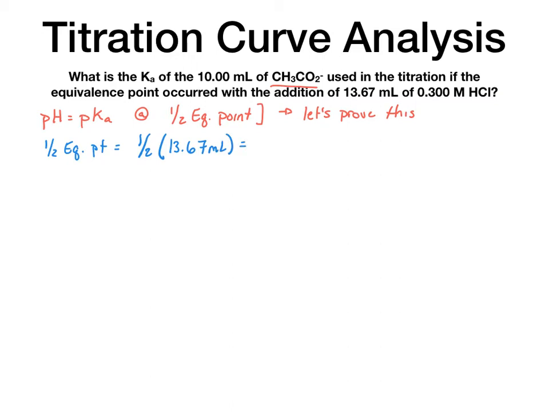And so that is 6.835 milliliters of HCl. And we also know from the previous problem that our concentration of acetate is equal to 0.4101 molar.